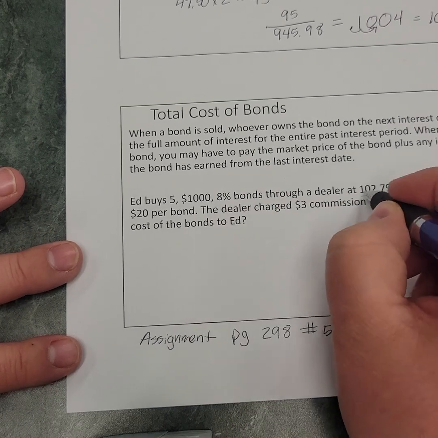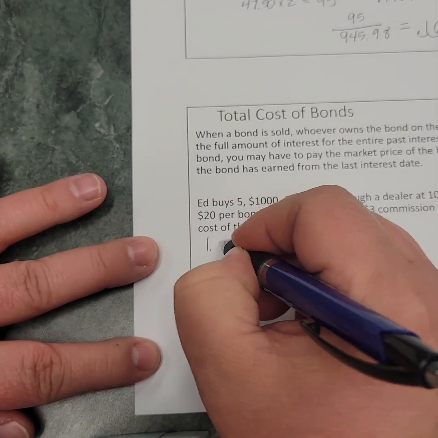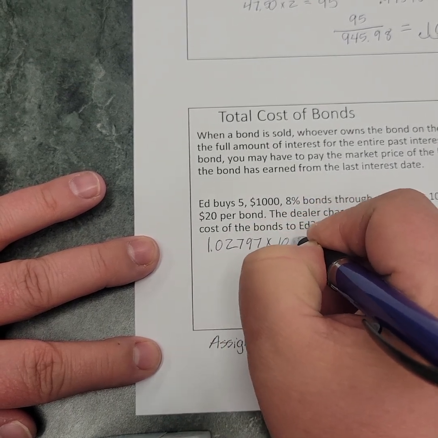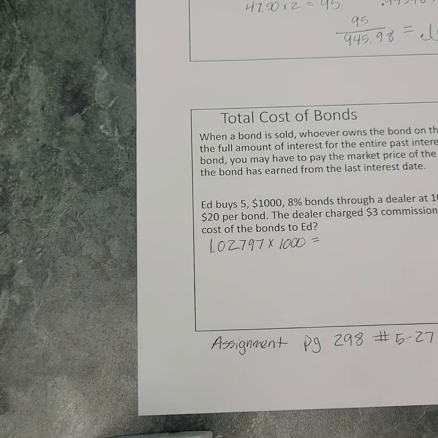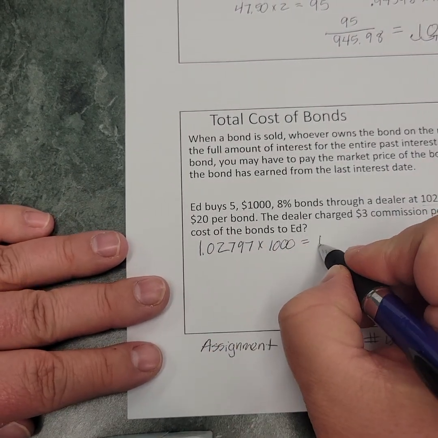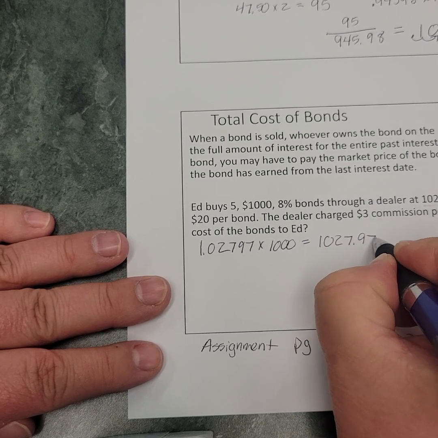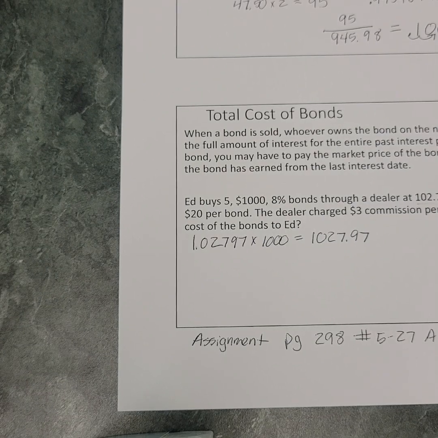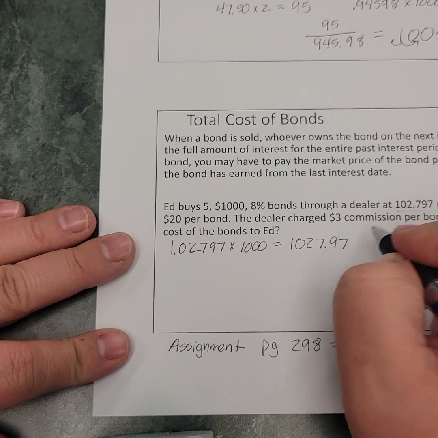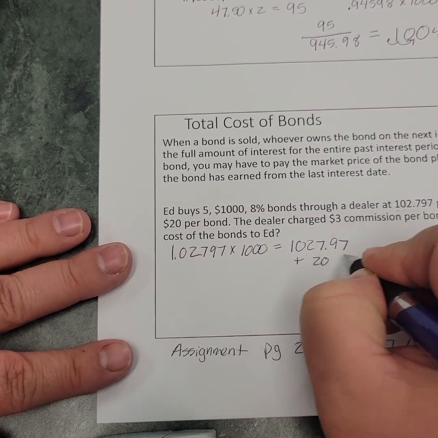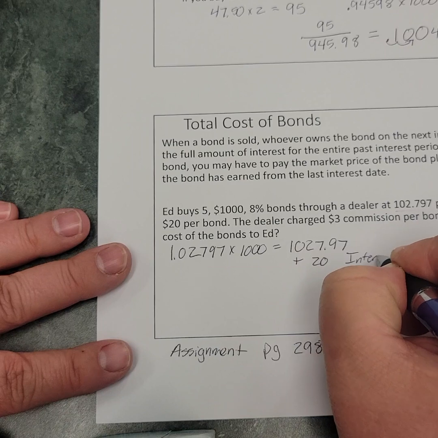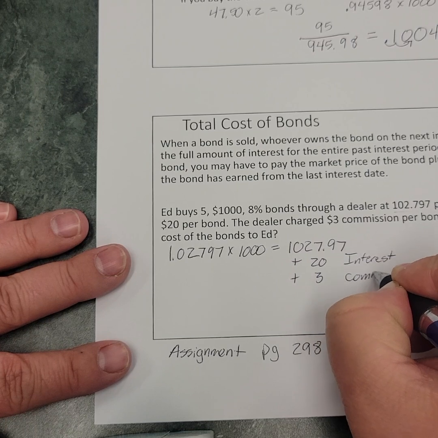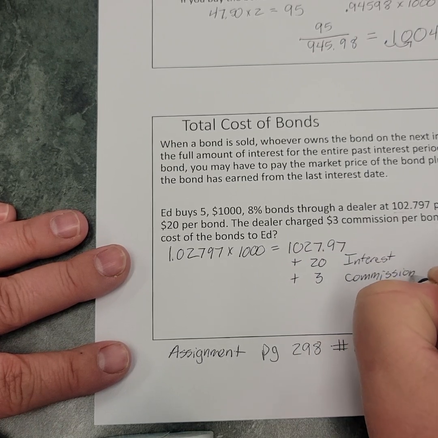So first we're going to find the cost of the bonds. So we're looking at 1.02797 times 1,000. So we'll move that over 3 places. So $1,027.97 per bond. Then we have to add the $20 interest and the $3 commission to it.